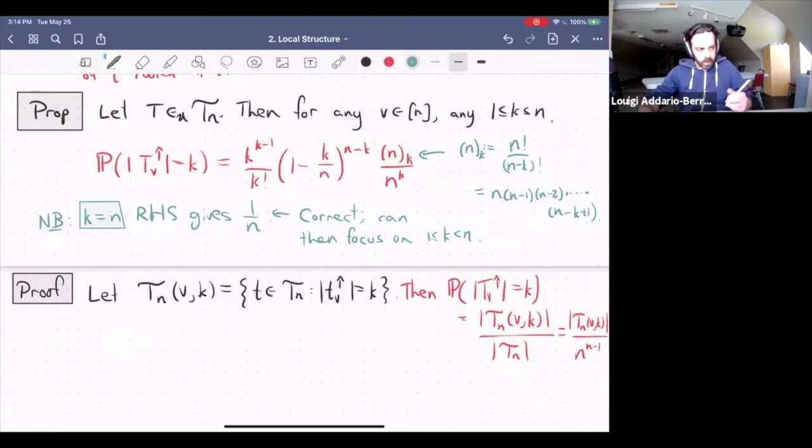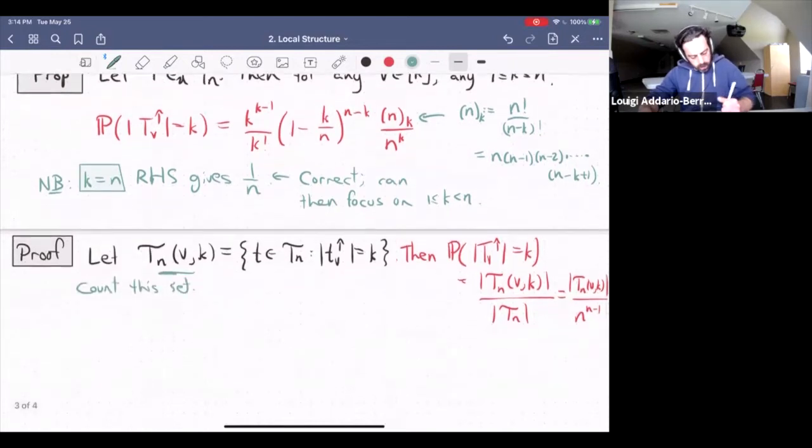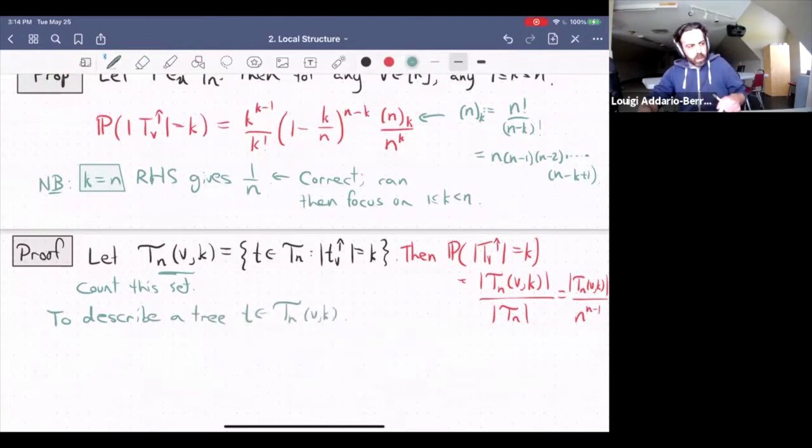Okay, so how can we count this set? Well, let's just give ourselves an explicit description of an element of this set. So if we want to describe some tree T in this set, I can do it in the following way.